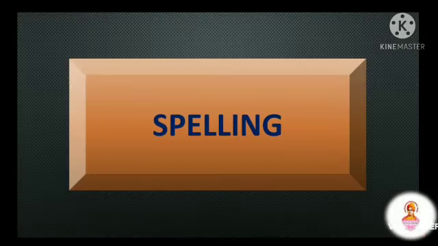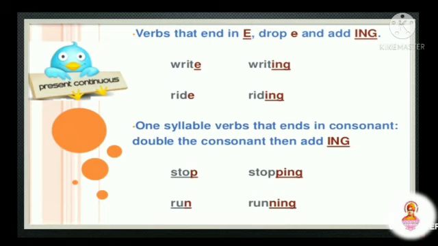Now we are going to see the spelling. Yes. In the spelling, we are going to learn a new word formation. It is about verbs that end in E. You should drop this E and you have to add ing. In the spelling, what we are going to learn is, for a word, how to make the ing form of that word.